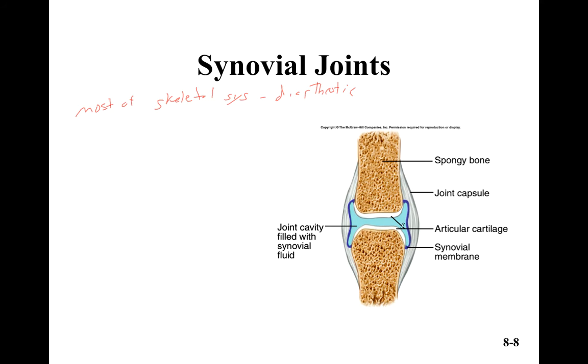They have articular cartilage that covers the end of the bones. Remember that articular cartilage is made of hyaline cartilage. They have a joint capsule that surrounds or forms the joint cavity. And there's two layers to the joint capsule. There's an outer layer.